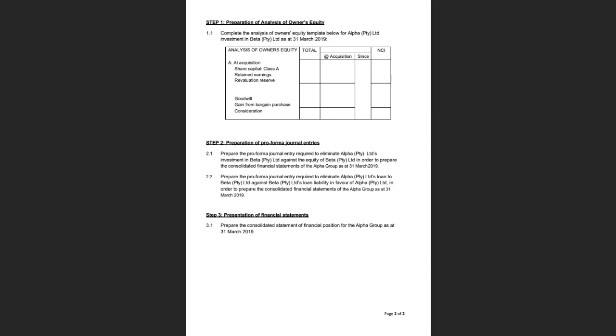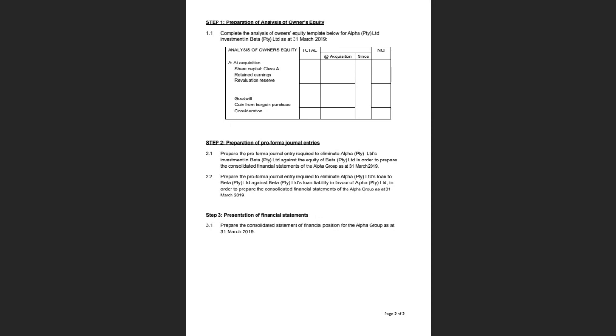Then we will have a look at 2.2 where we need to prepare the pro forma journal entries required to eliminate Alpha's loan to Beta against Beta's loan liability. Okay, it sounds complicated, but when we go through it, I'm certain that you will understand what they are asking for.